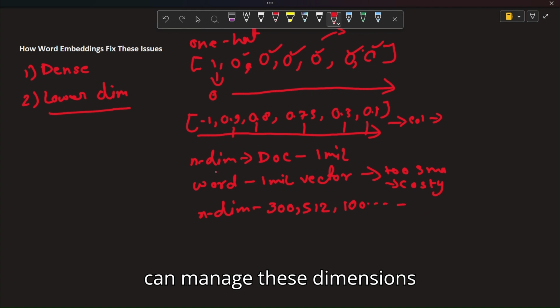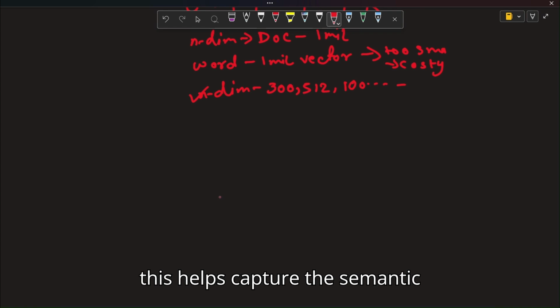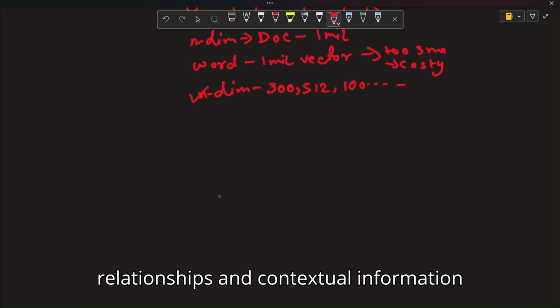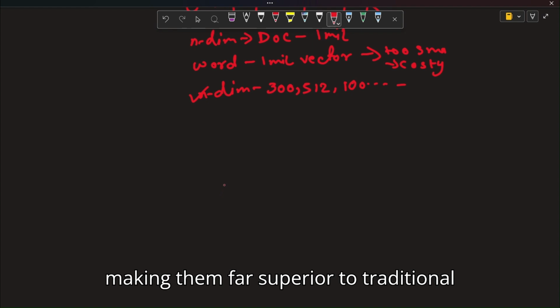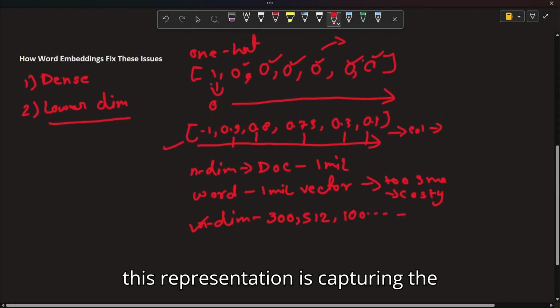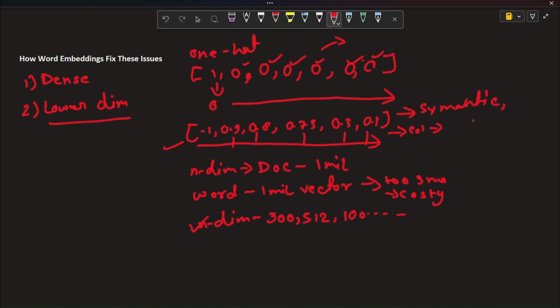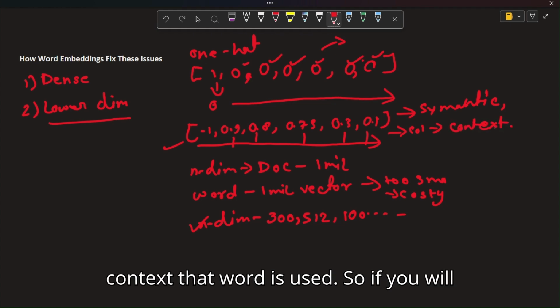So we can manage these dimensions ourselves. This helps capture the semantic relationships and contextual information, making them far superior to traditional methods. Also, this representation is capturing the semantic meaning of the word and the context in which that word is used.